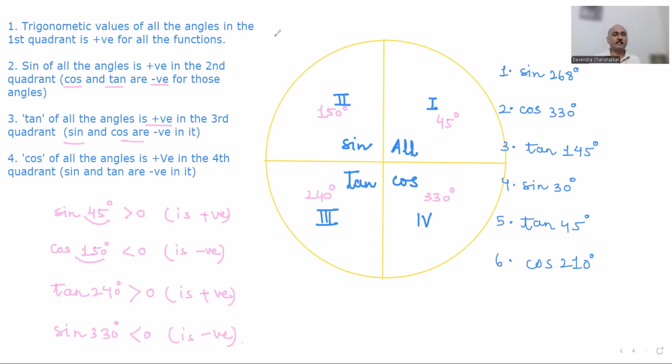Just mention the signs quickly. Note this slide and answer these. Mention in sequence, positive negative लगा के, बस इतना ही लिखना है. ठीक है?